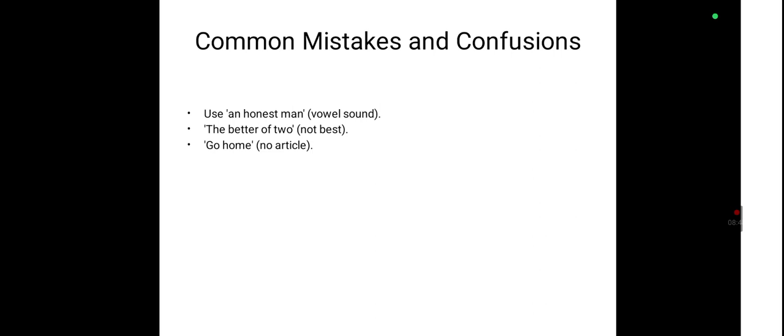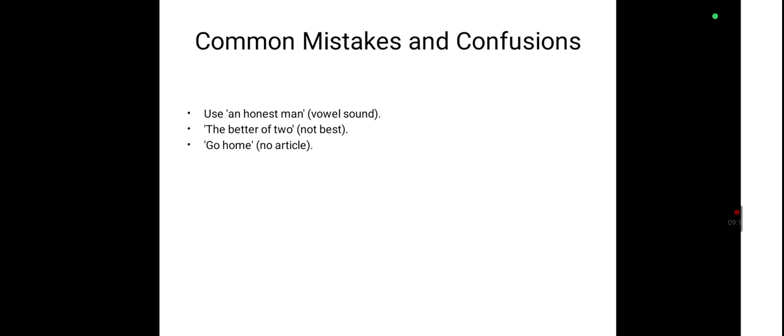When you are referring to the people of England, you use the Englishman or the English. You can also use the before inventions, the telephone. And you can also use the before unique things or unique institutions, the Parliament, the UN.